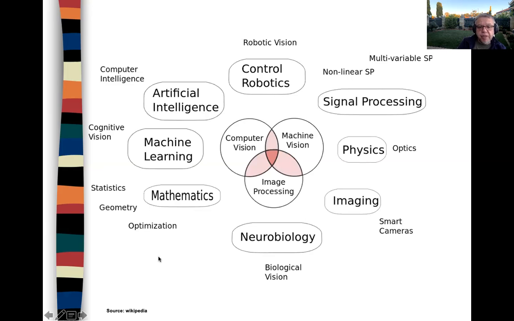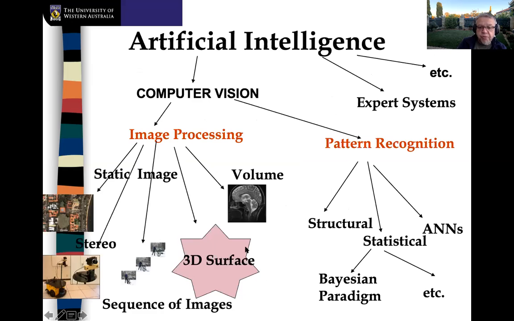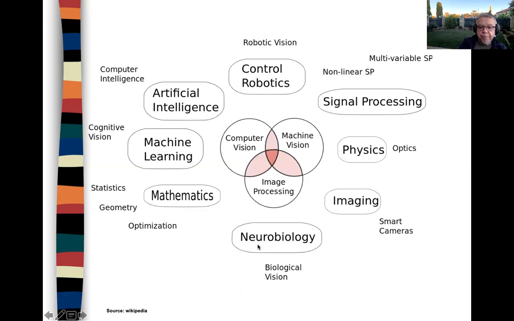As I said, it's a multidisciplinary area which requires some knowledge in mathematics, statistics, geometry, optimization. You would need to know things about cameras, for example, smart cameras. Sometimes algorithms are borrowed from neurobiology.